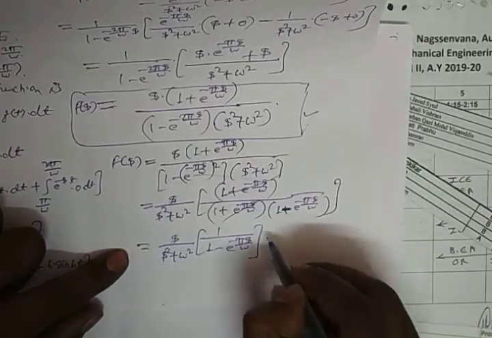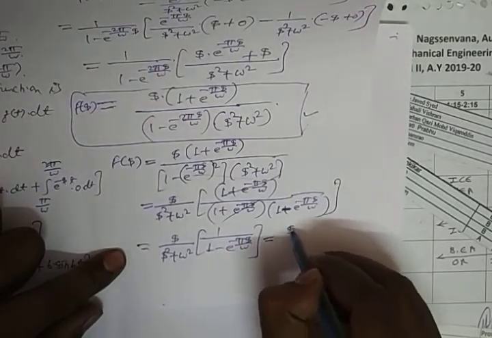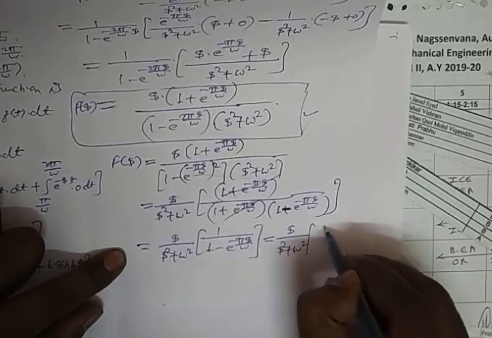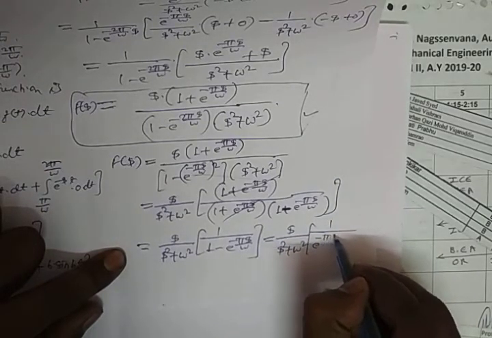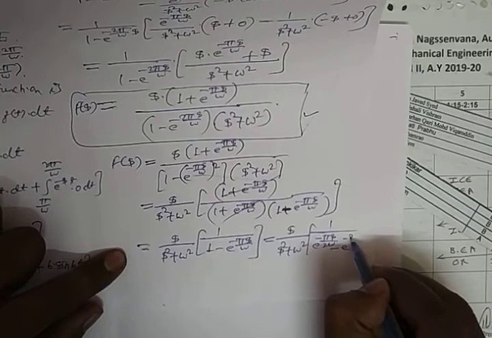if you further simplify this, you can write this as s upon s square plus omega square in bracket 1 upon e raised to minus pi s by 2 omega minus e raised to minus, sorry, plus, this is minus.